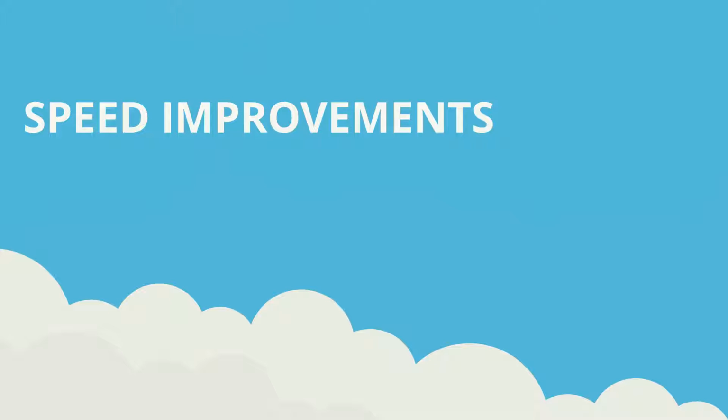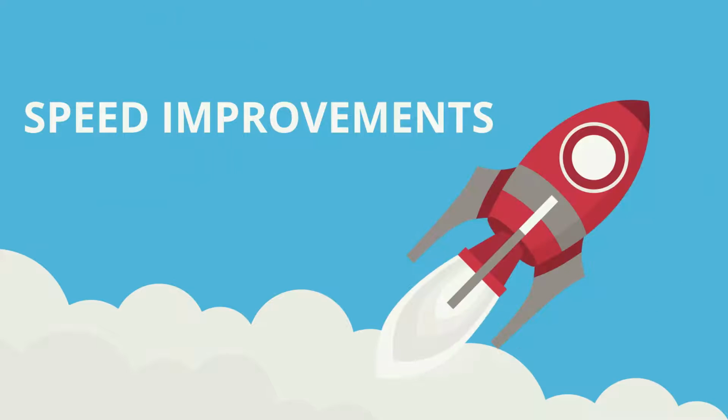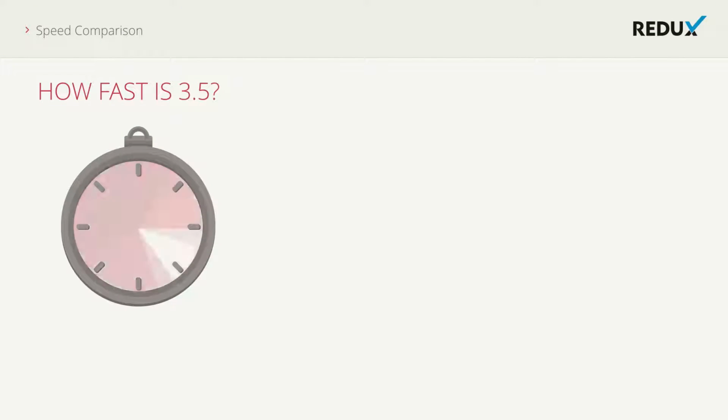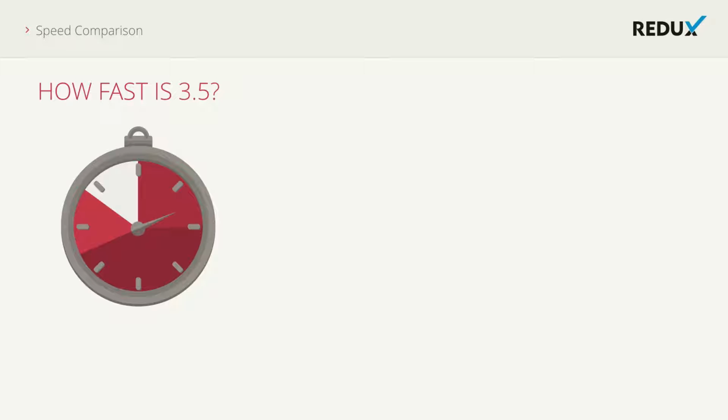If you haven't heard, in Redux 3.5 we made some massive speed improvements, like insanely massive. We have reduced a lot of overhead, we've reduced extra processes, and best of all, we've added Ajax Save. How fast is Ajax Save, you might ask? Well, we did a comparison. We took an old panel in SMOF.